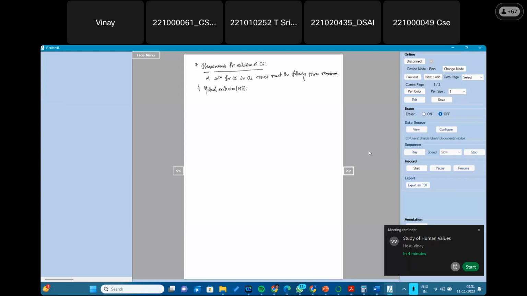So in mutual exclusion, no two processes are present simultaneously inside the critical section at any time.